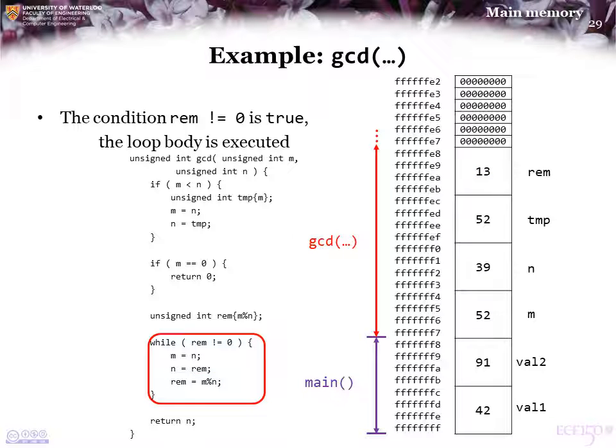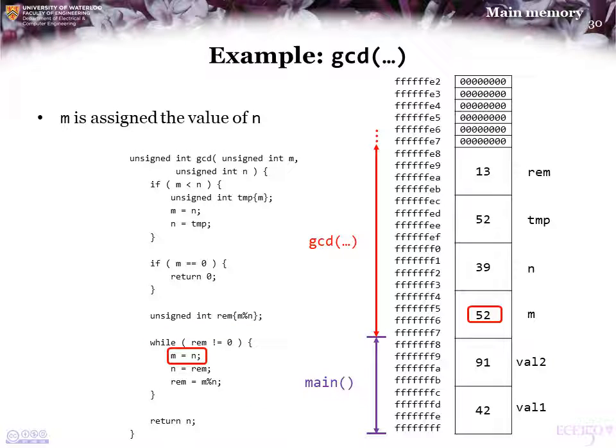So now we check the condition again. rem is still not equal to 0, and thus we execute the loop body again. So m is assigned the value of n. n is assigned the value of rem. And rem is assigned the value of the remainder when 39 is divided by 13.